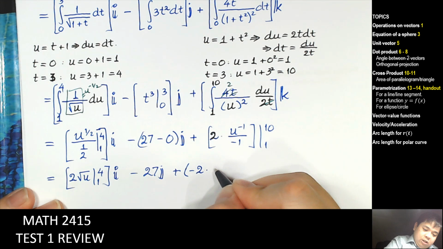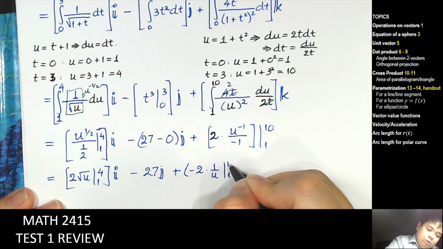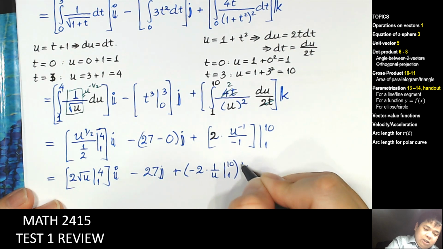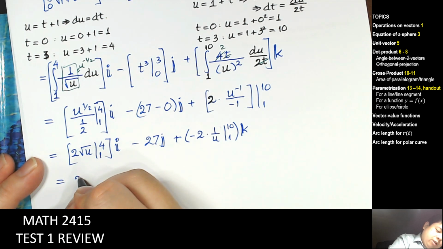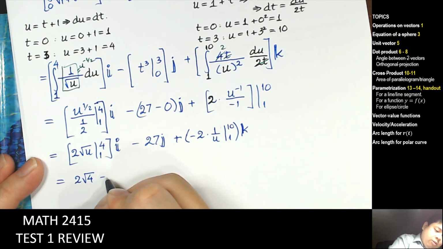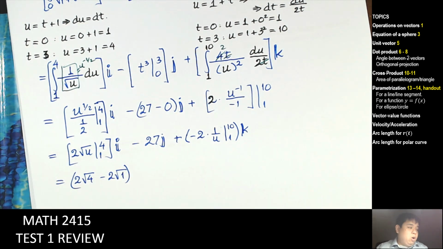So that is 1 over u, 1 to 10, k. So put 4 in here, we have 2 square root of 4 minus 2 square root of 1. So that's 4 minus 2, so that's 2.